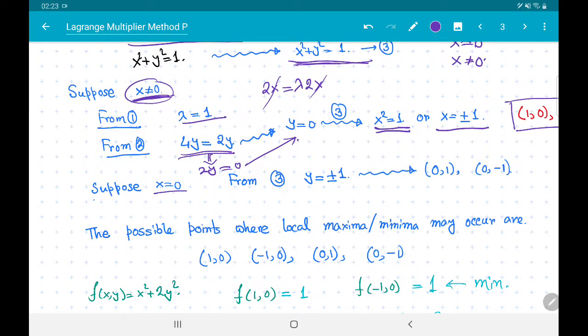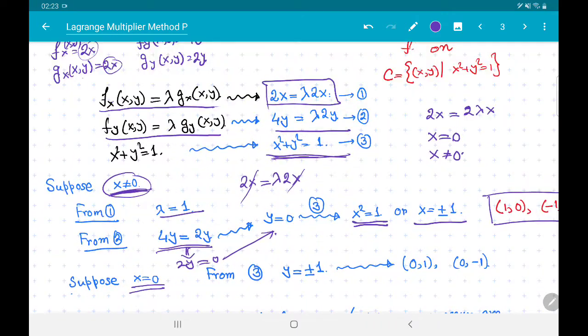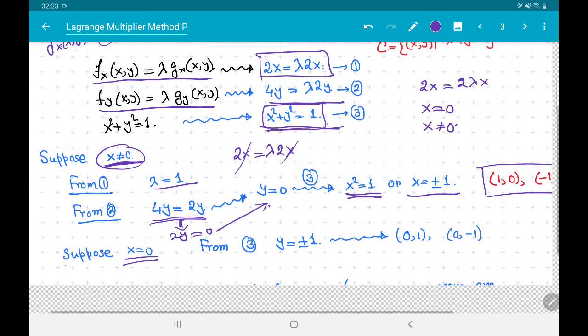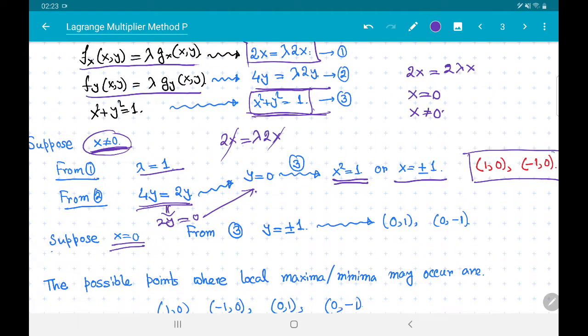Now what happens if we take x equal to 0? Well, the first equation does not give me anything, because if we put x equal to 0 in both sides, we get 0 equal to 0. That is fine. But on the other hand, from equation number 3, we can easily see that y squared is equal to 1, and consequently y is equal to plus minus 1.